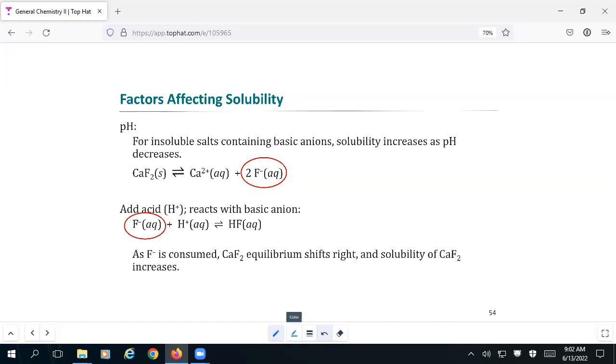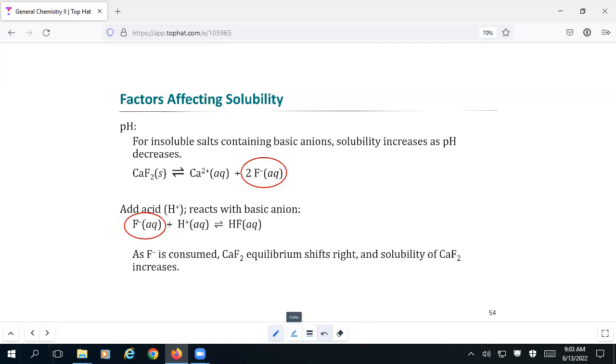Another factor, pH. We can see this going in a couple of directions, actually. In this example, I've got a salt that contains a basic anion.